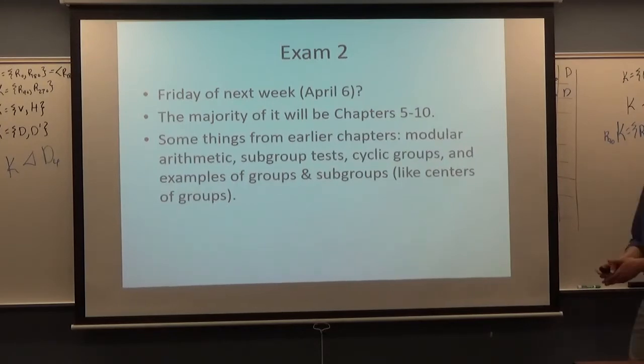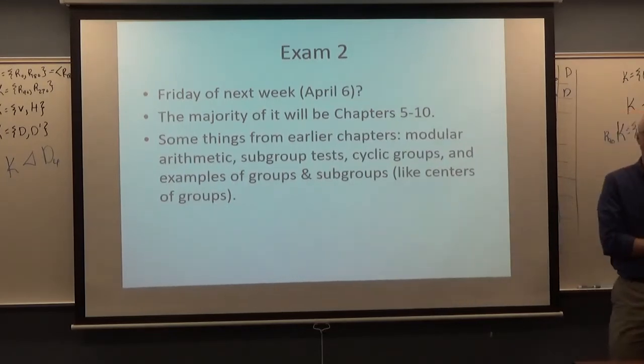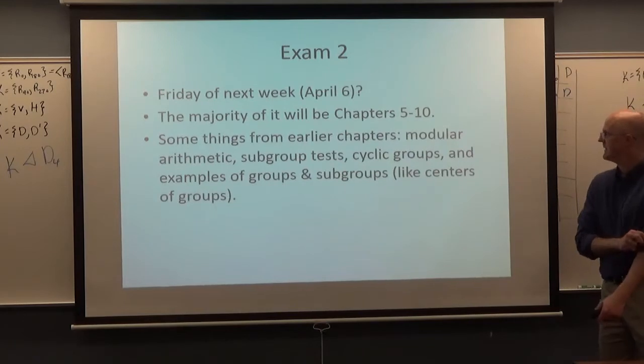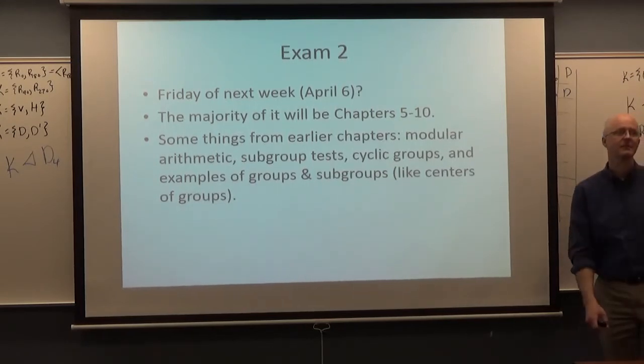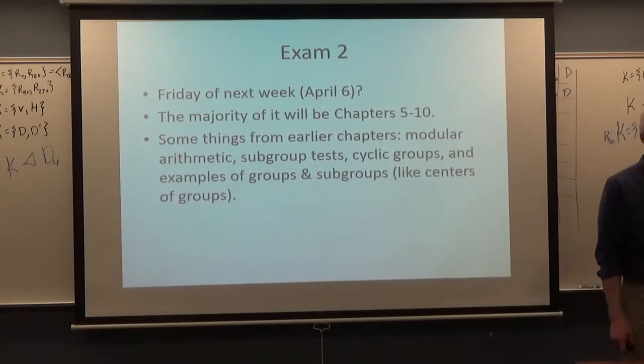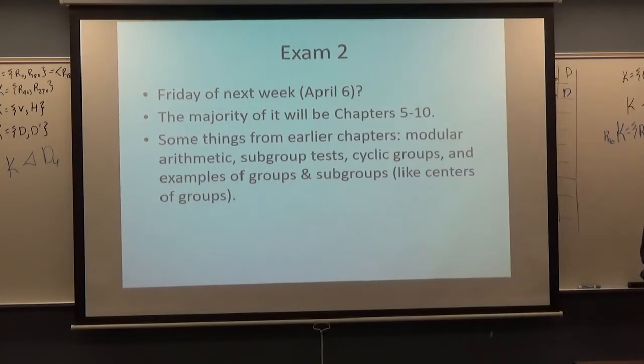But there could be some things from earlier chapters. Things are cumulative here. In particular, I'm thinking of modular arithmetic, subgroup tests, cyclic groups, examples of groups and subgroups, like, for example, centers of groups. Should be things that you know. Now, these ideas do, of course, come up in later chapters, chapters 5 through 10.